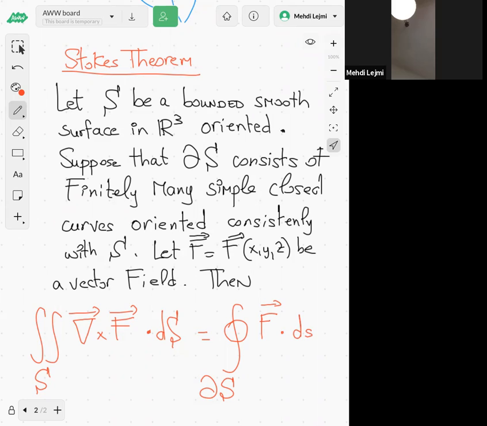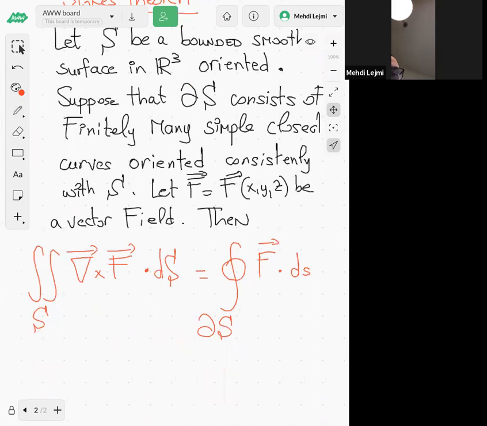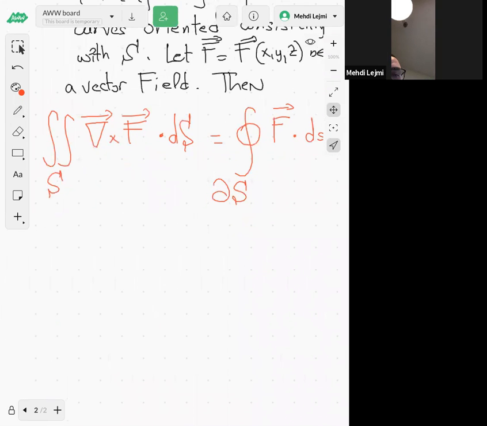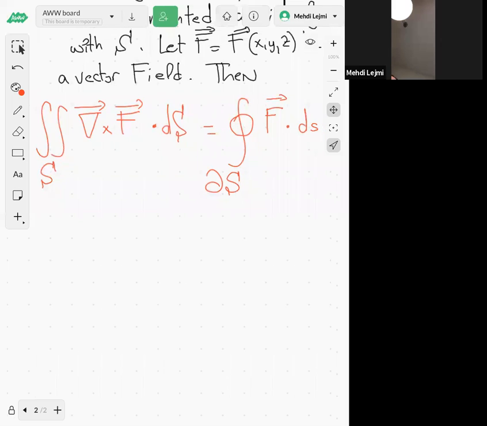So again, the idea is you have this double integral of the curl of F. It's actually related to the line integral of the vector field itself along the boundary. Okay. So let me give you an example, guys, and I'm going to show you why this is a very powerful theorem. Okay, so an example.